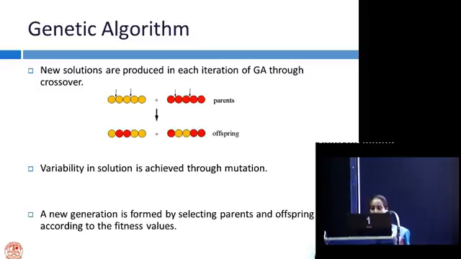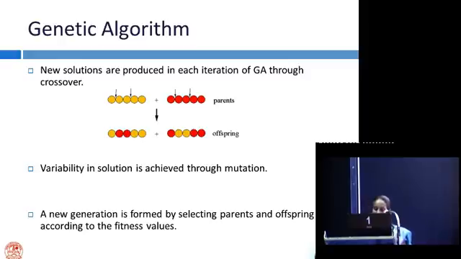There are two major operators in genetic algorithm. The first one is crossover and the second is mutation. New solutions are produced in each iteration by crossover. Here we take two parents, and we produce offspring by mixing genes of the parents. And variability in solutions is achieved by mutation. In mutation, we add some small random value to the genes.